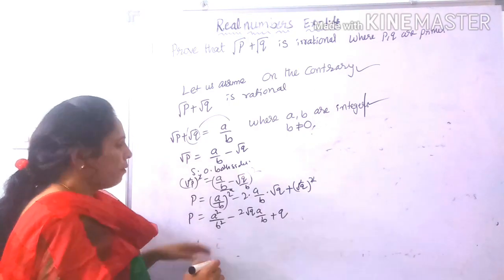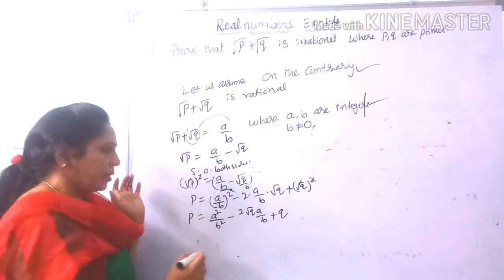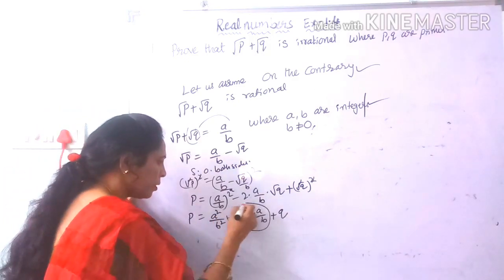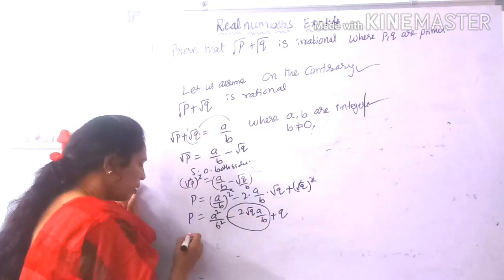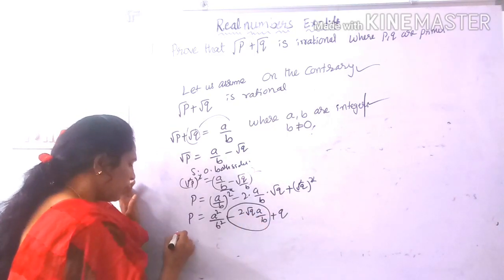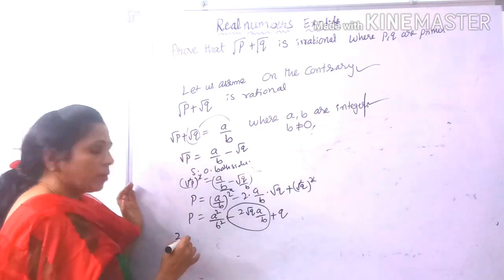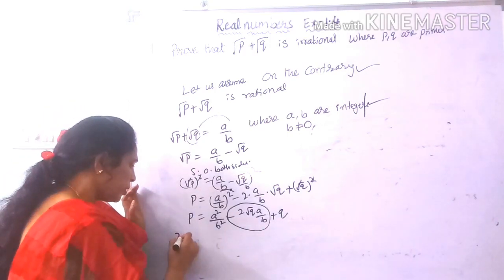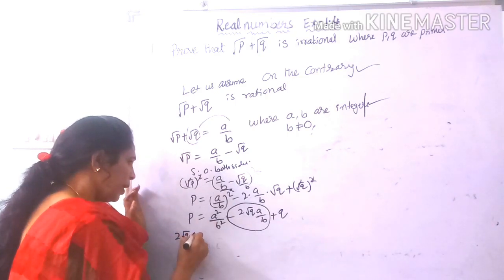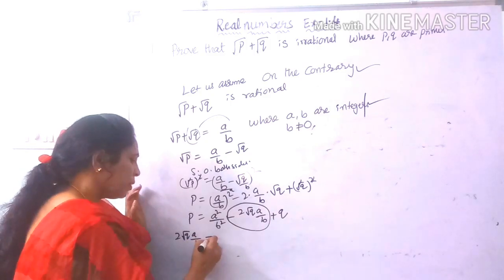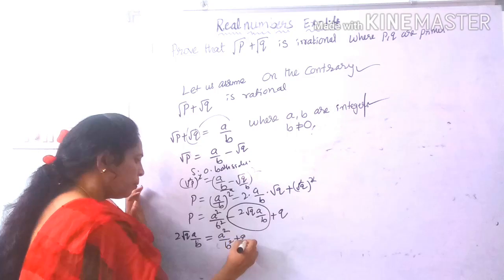Wherever there is an irrational number, you have to take it to the LHS. So this minus 2 root q a by b comes to the LHS and the symbol changes, so minus will be plus. 2 root q a by b is equal to a square by b square plus q.